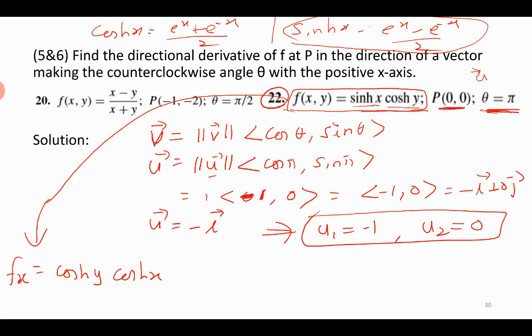Check this one. So now fx at 0 comma 0: cosine hyperbolic 0, use your calculator if possible, otherwise substitute x equal to 0 in the above formulas of cosine hyperbolic and sine hyperbolic. Cosine hyperbolic 0 is 1, into 1, which is 1.